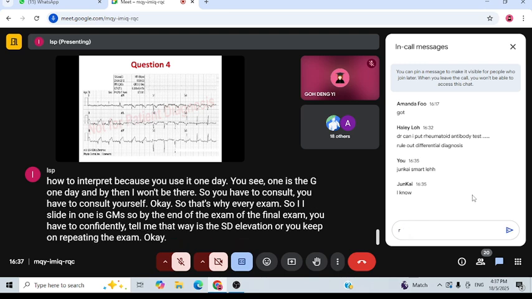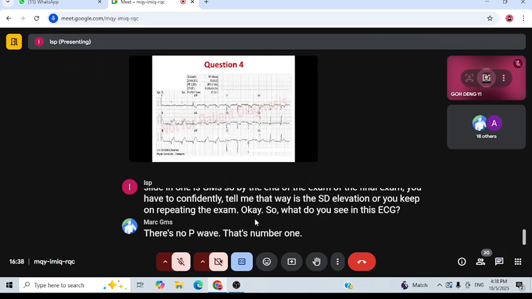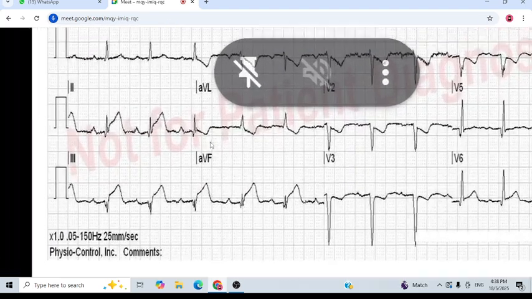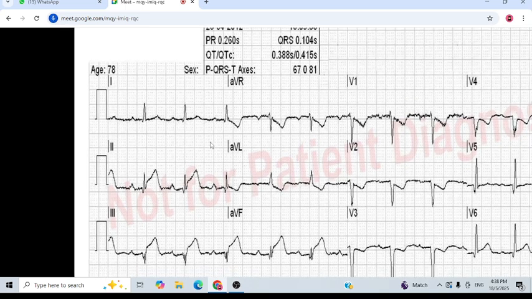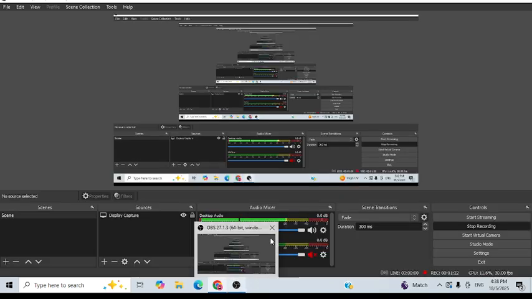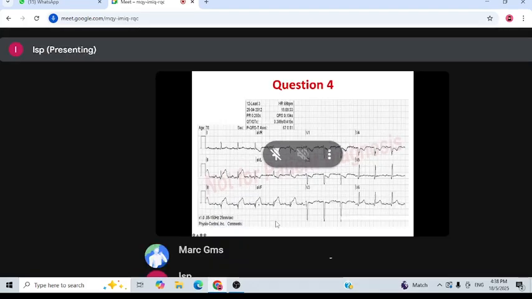So what do you see in this ECG? There's no P wave, that's number 1. Why do you say there's no P wave? It's not very prominent.